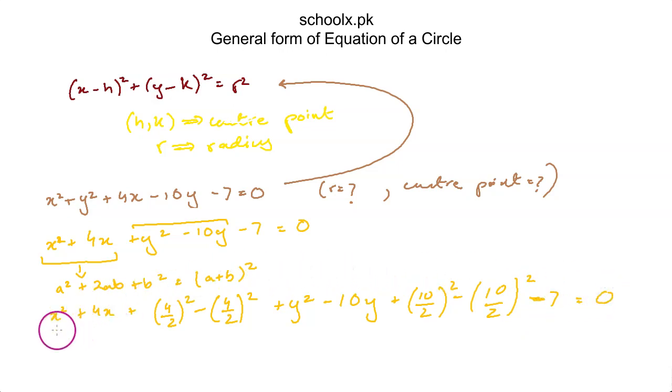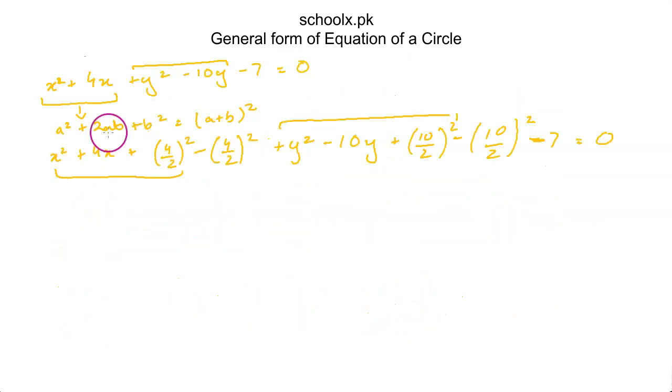Now we can see that this is in the form of a² + 2ab + b², and so is this expression, right? This is in the form of a² - 2ab + b². So we'll get (x + 2)², since 4 divided by 2 is 2, this will persist, minus 2², plus (y - 5)², negative due to this negative 10y, since 10 divided by 2 is 5, minus 5², minus 7 equals 0.